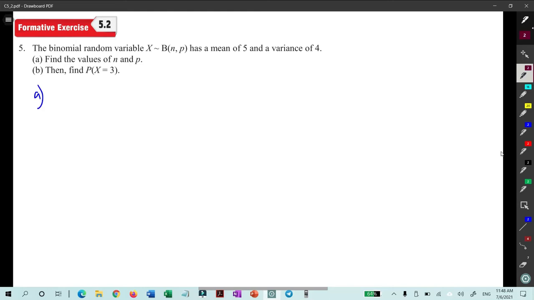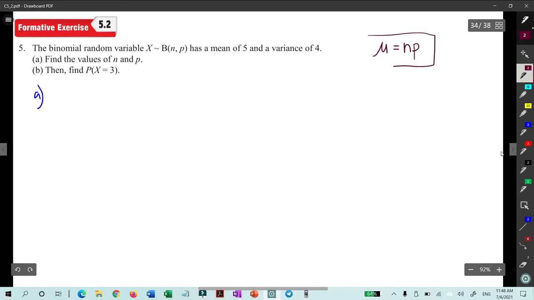let me remind you, mean, which is mu, is actually equal to np. So this is the first formula. And then variance, which is sigma squared, is actually equal to npq.